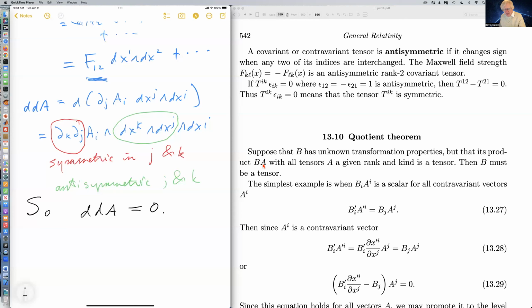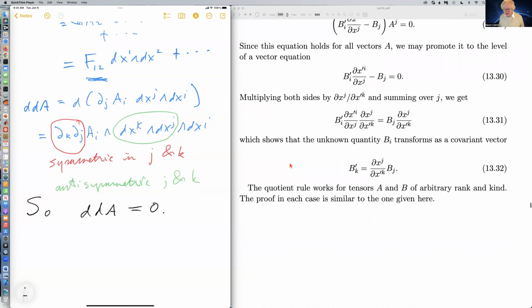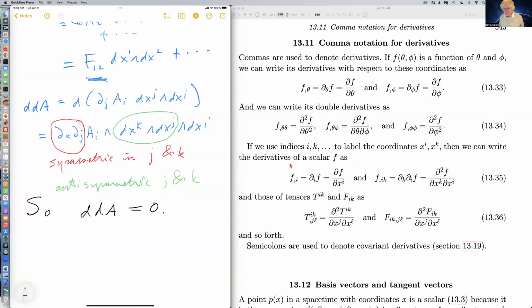In other words, if B plays nice with other tensors, then B has to be a tensor. So that's basically the rule. The quotient rule says that any mathematical quantity that plays nice with tensors has to be itself a tensor. That's a way of stating the quotient theorem.